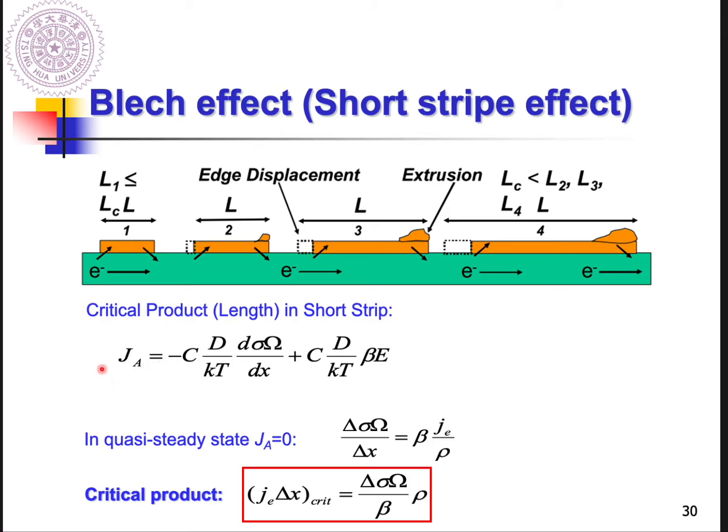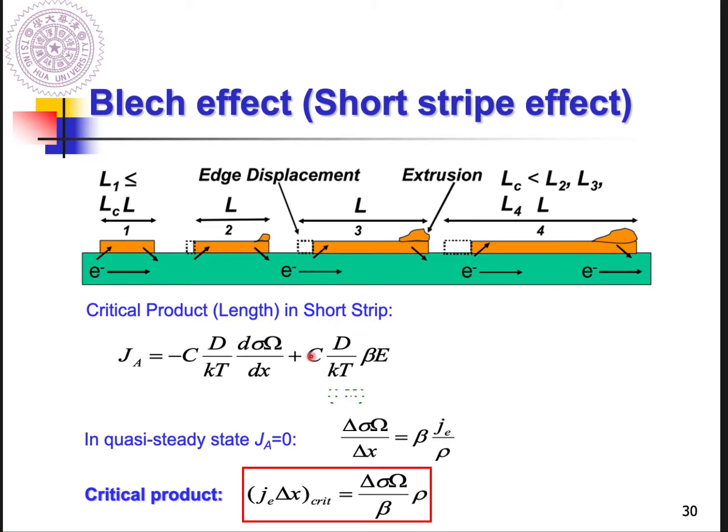So here we use JA, the atomic flux of atom A. Because there's an electron flow going through this material, it will cause an atomic flux driven by the electrical field. We call it electron migration, right?